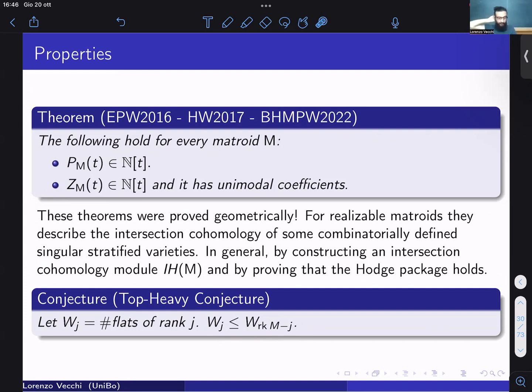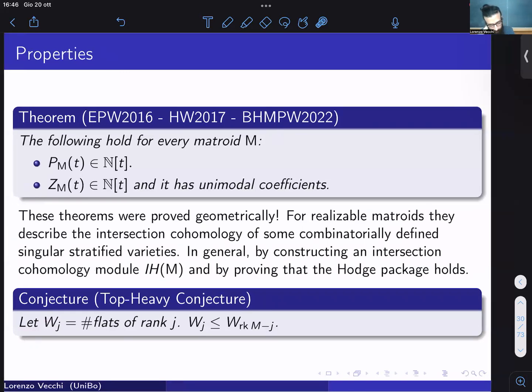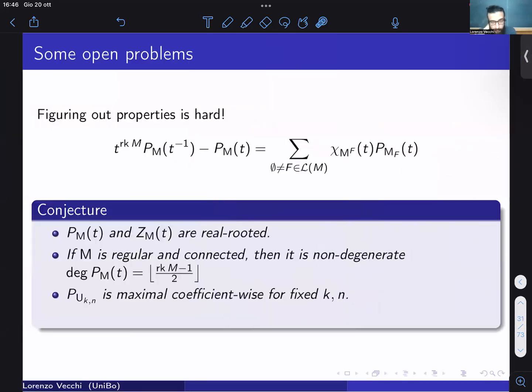And again, this conjecture is completely combinatorial. It only needs a poset, but the only way that we've been able to prove it so far is going through this geometric interpretation for the matroids. So the problem maybe is if we only want to look at combinatorics, this formula doesn't tell us much about the polynomials.